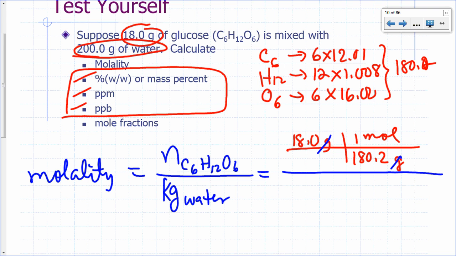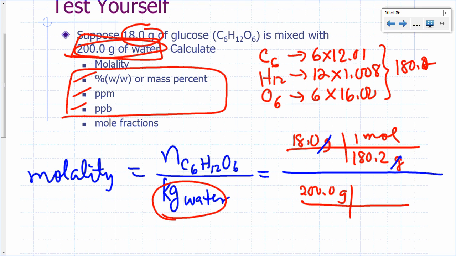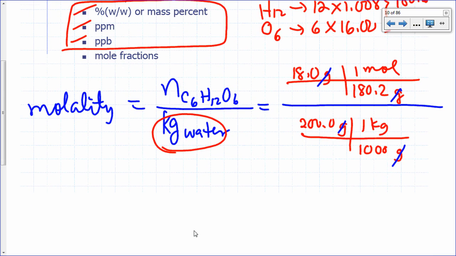Grams cancel out there. That gives you moles. Divided by kilograms of solvent. Our solvent is water, so that's 200 grams. Change that to kilograms, would be 1 kilogram is equal to 1,000 grams, right? So that cancels it out. That gives you your unit in moles per kilogram.